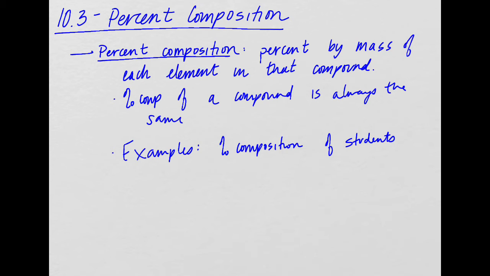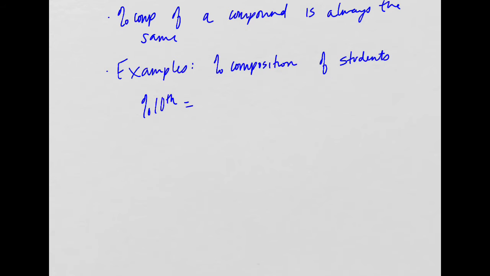All right, so what percent of our class is in the 10th grade? So the percent of 10th graders is equal to the number of 10th graders, which is 11, divided by the total number of students, which is 13, and we want this in a percentage, so we have to multiply it by 100.